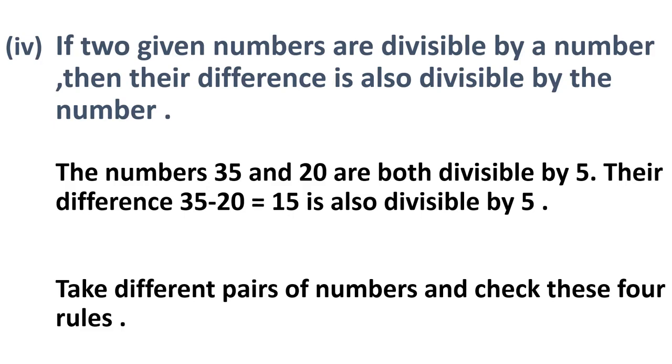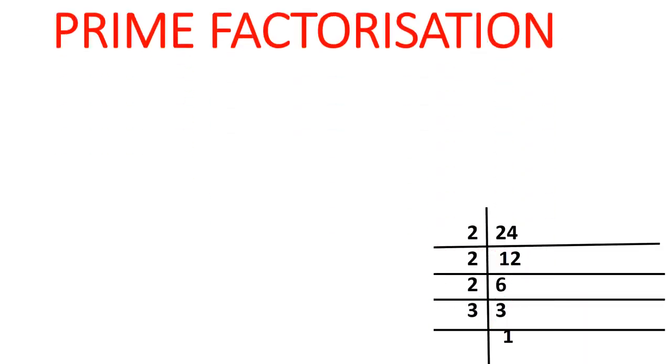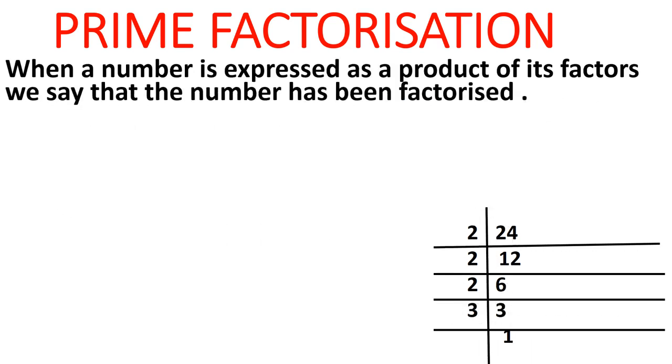Now our next topic is the prime factorization method. See beta, when a number is expressed as the product of two numbers, then those two numbers are called its factors, and the product is called a multiple. This we have done in the very first chapter.